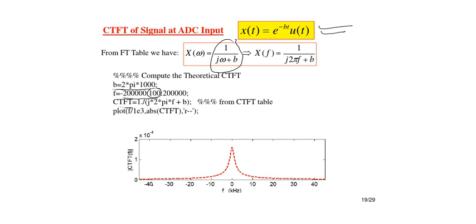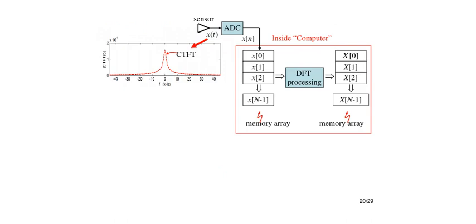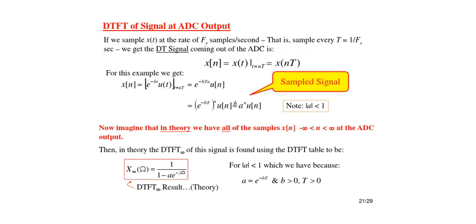We can similarly draw the DTFT also, right? When we compute the DTFT of the ADC outputs, we know that after sampling the signal is denoted by x of n, which is nothing but x of t sampled at every nT, right? So you just replace the time t of the decaying exponential by nT, and you get this kind of signal, right?